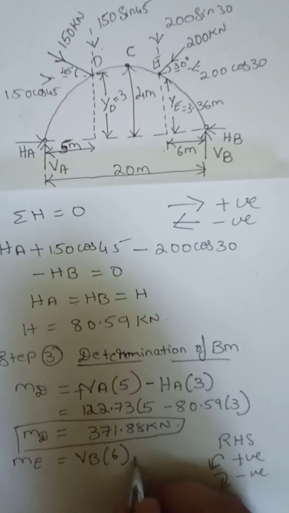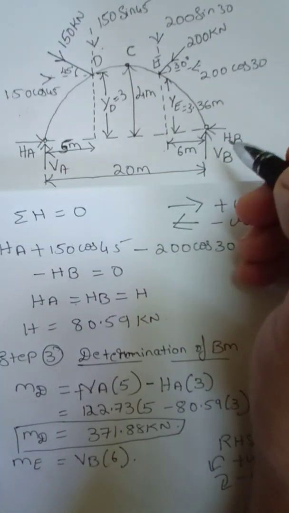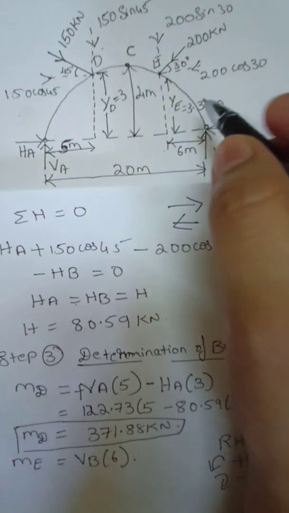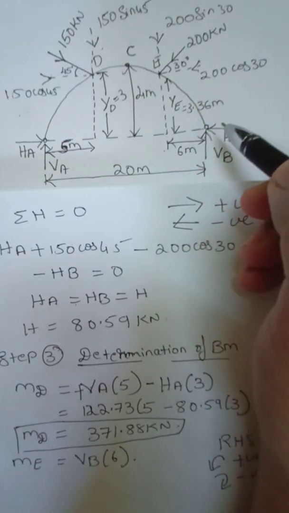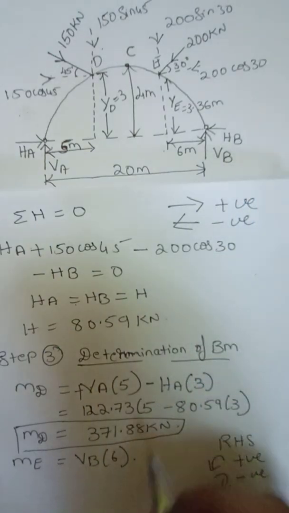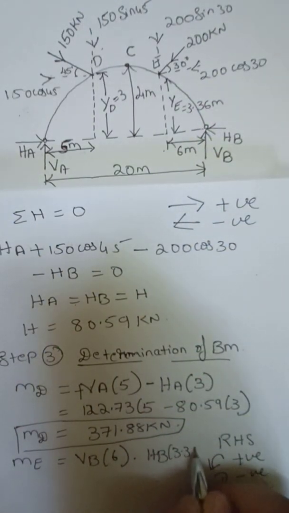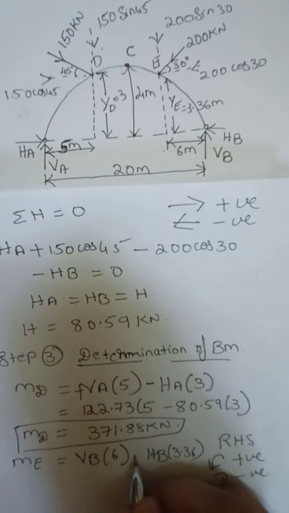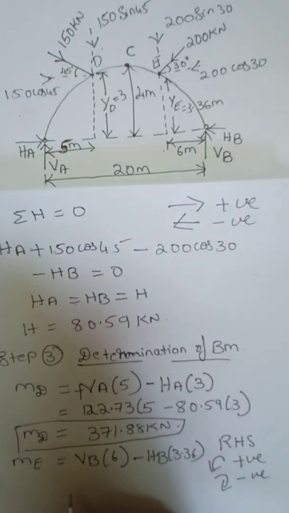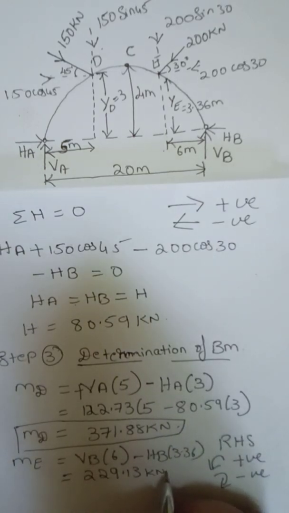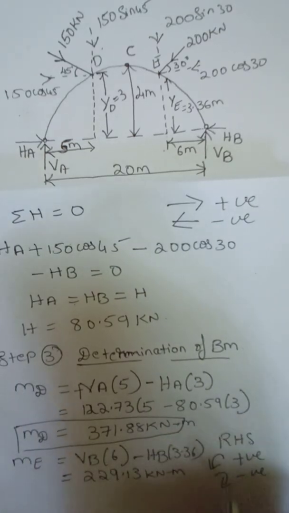Therefore VB into 6 is positive. The next one is HB into 3.36, acting in the clockwise direction, hence considered negative. If I substitute and simplify this, it is equal to 229.13 kilonewton meter.